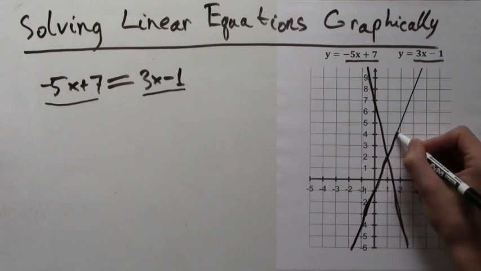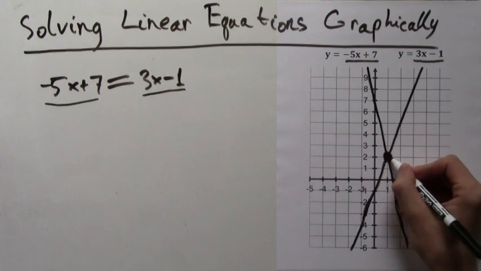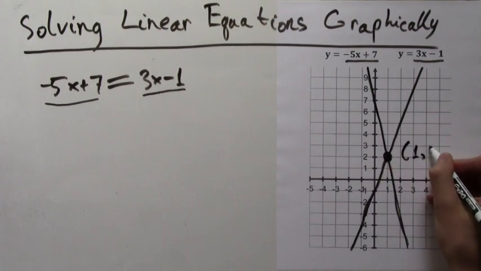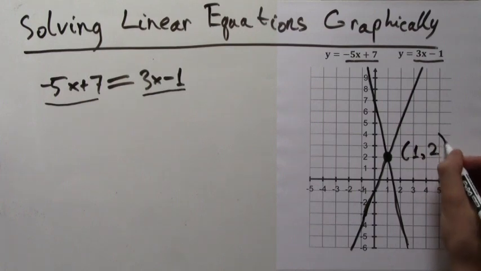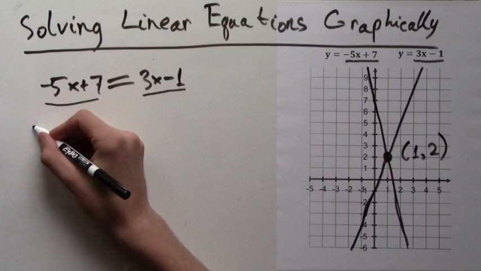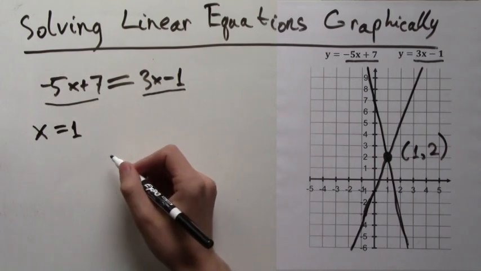But how does this tell us the solution? Very simple. It's the intersection point. In this case, we can see that they intersect at (1, 2). So what that tells us is that the solution should be x equals 1.